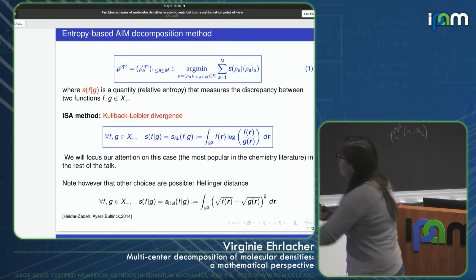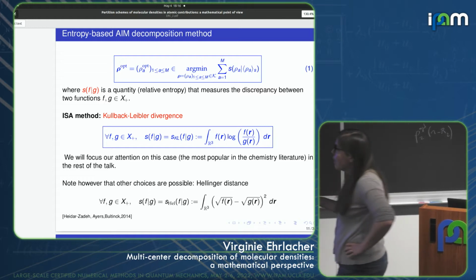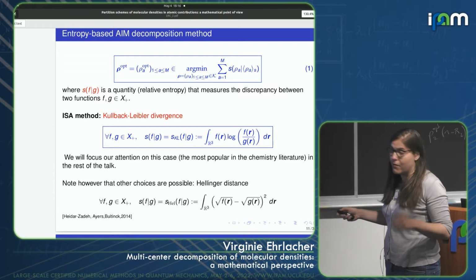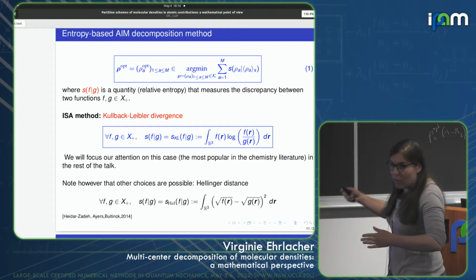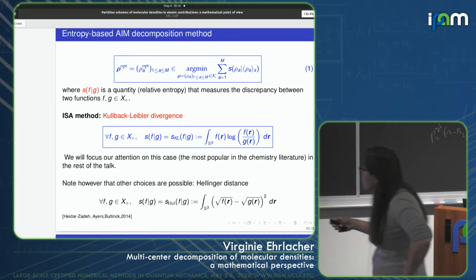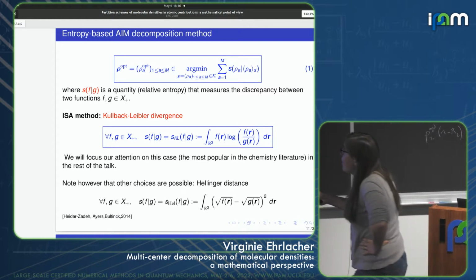And so this ISA method falls into the family of so-called entropy-based AIM decomposition methods, which consist in defining optimal local atomic densities as solutions of a minimization problem, which is written in this form.